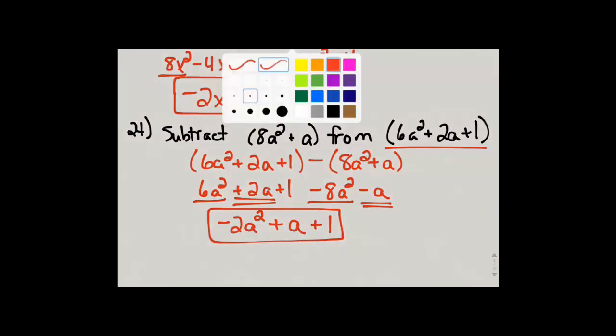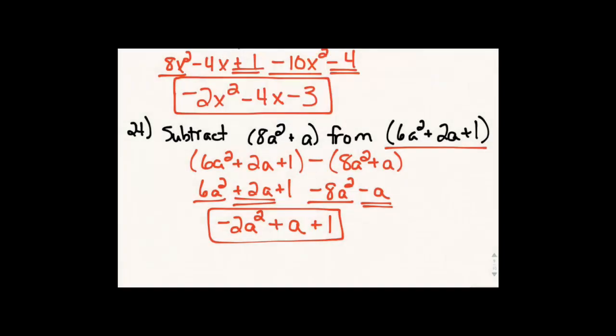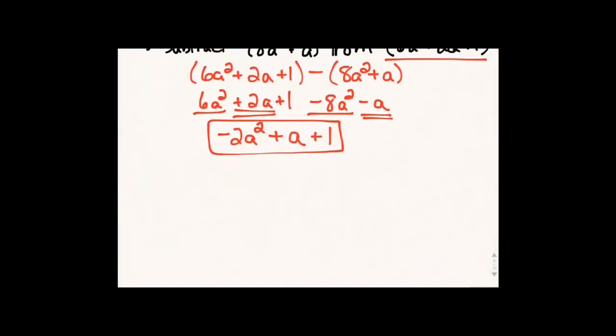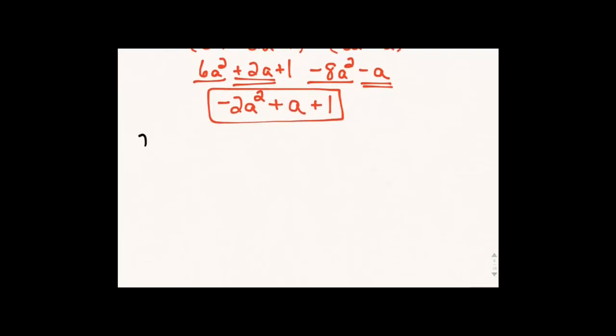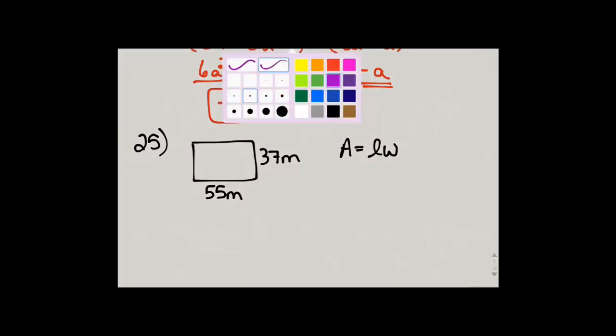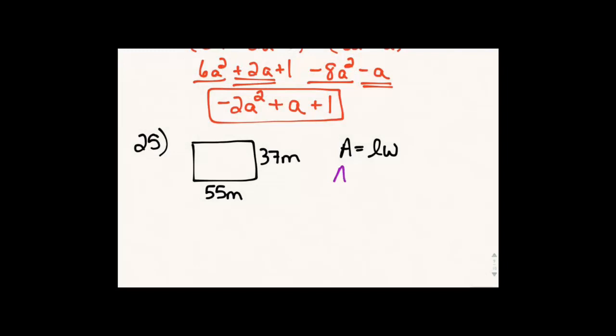Now on to number 25. 25 asks us to find the area of a rectangular field which is 55 meters long and 37 meters wide. So 55 meters long, 37 meters wide. Area is length times width. So we're going to plug in our length is 55 meters. Our width is 37 meters.